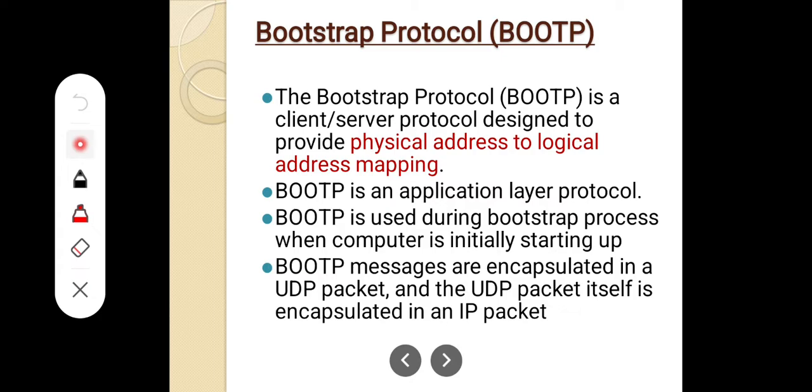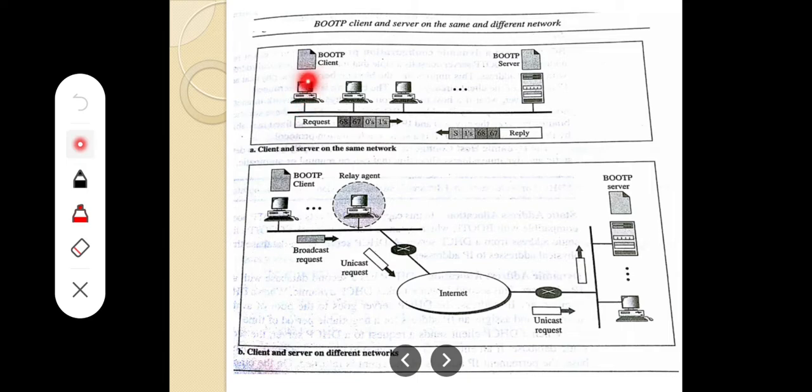Okay, let us explain this Bootp process using a figure. This Bootp process is implemented in two ways, in two scenarios. The first scenario says that the client and the server are located in the same network.